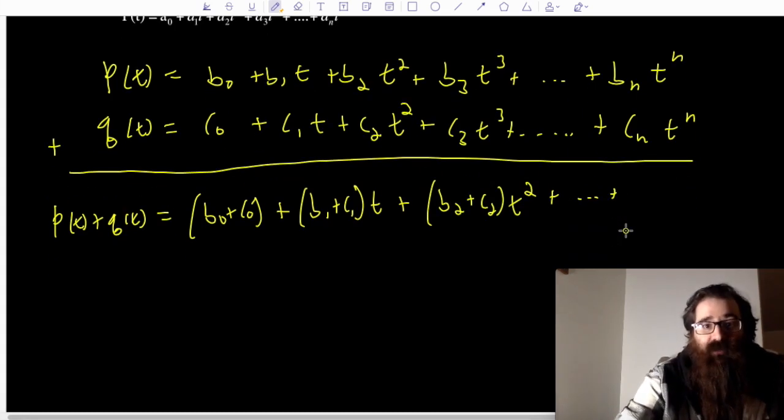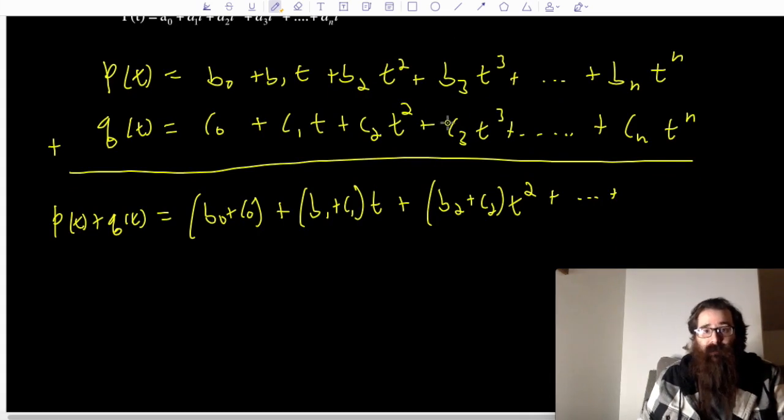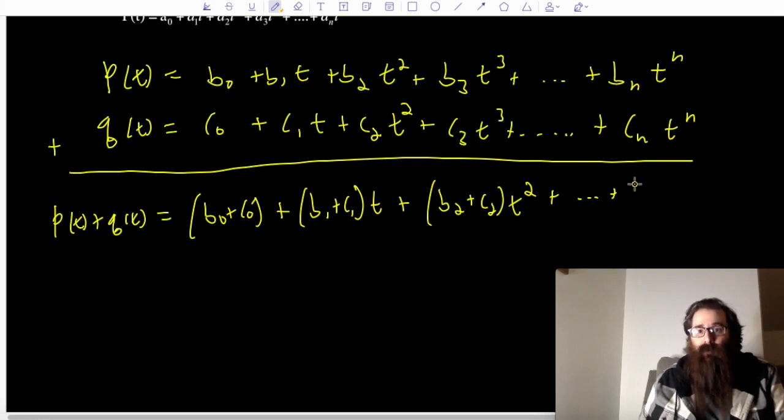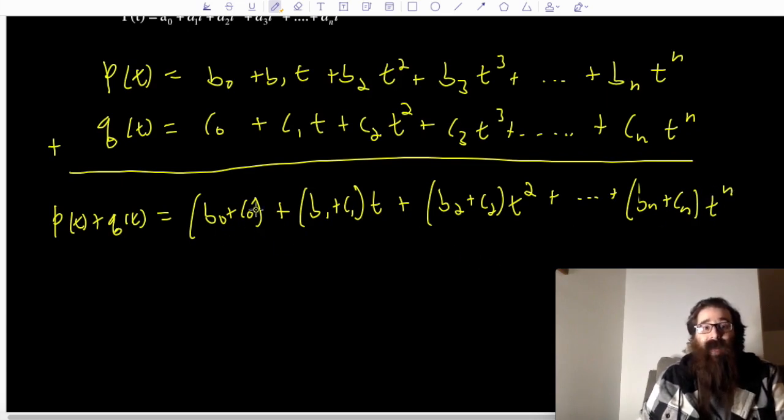And then, same thing with adding the t cubed terms. I can collect the coefficient b sub 3 plus c sub 3. And then at the end here, my coefficient on t to the power of n, well, that's going to be b sub n plus c sub n, and then quantity times t to the power of n. And adding these real numbers together for my coefficients and my constant term just gives me some other real number. So we could rename it if I'd like to.